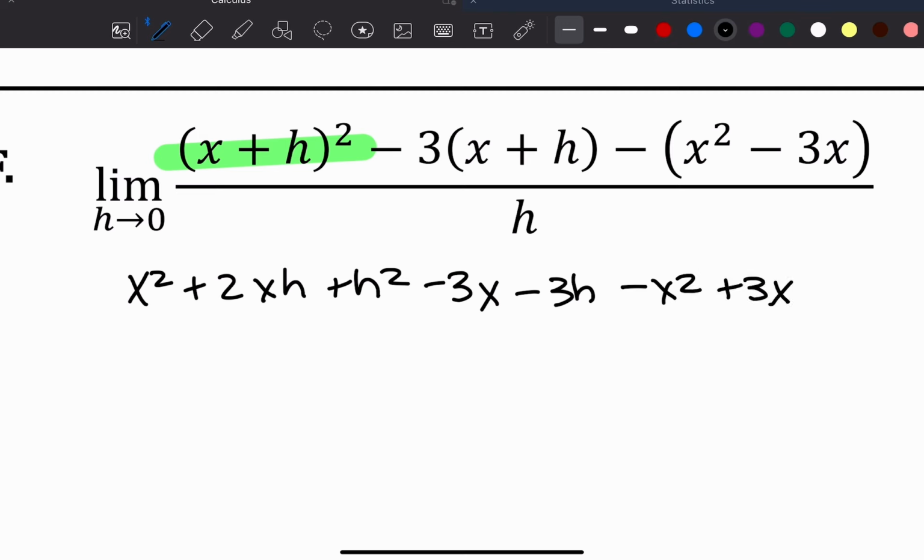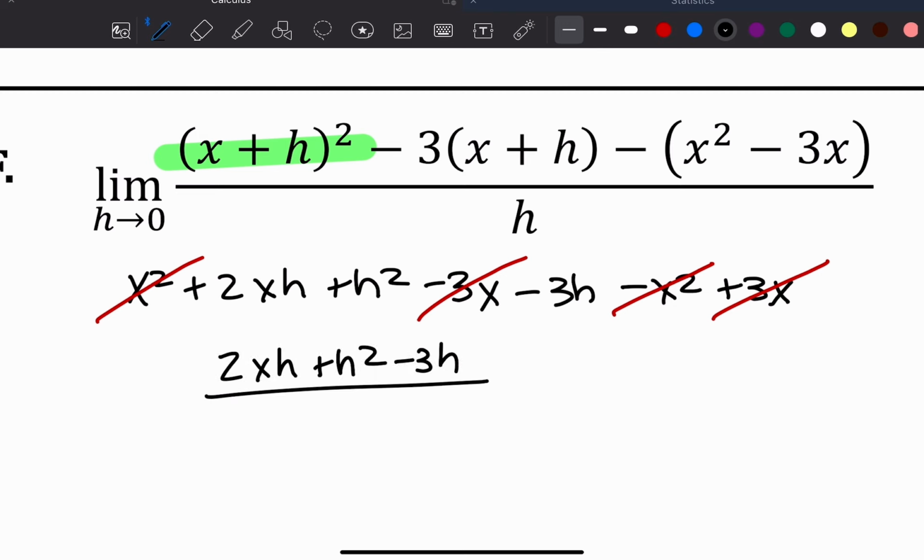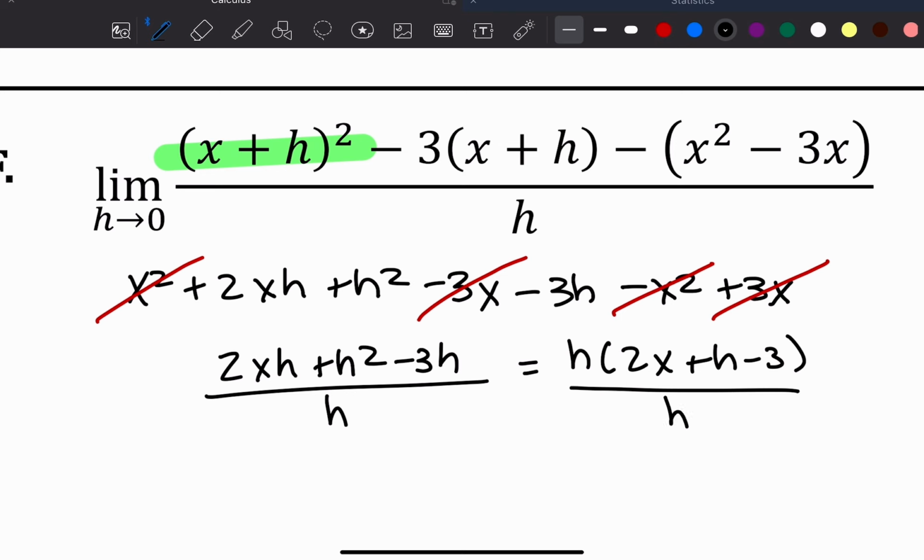And then I'm just going to start canceling things out that can cancel. So I have a positive 3x and a negative 3x, a negative x squared and a positive x squared. And then that looks like about it. So I'm left with 2xh plus h squared minus 3h all divided by h. In order to cancel out that h, I need to take out a GCF of h. So if I take out an h, I'm left with 2x plus h minus 3 over h.